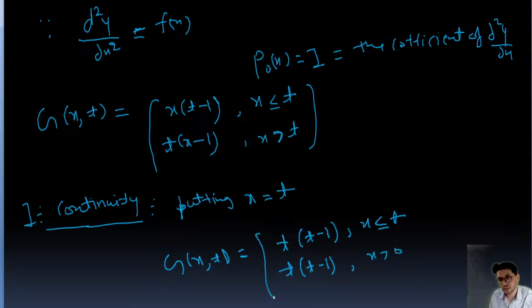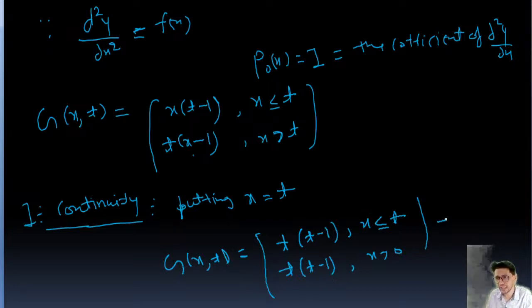See here, you can see both terms are equal, right? It means at x equal to t, both terms should be equal. The first one is t into t minus 1, and the second is t into t minus 1, right?